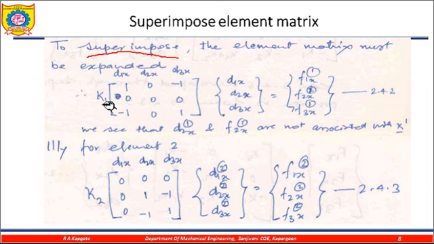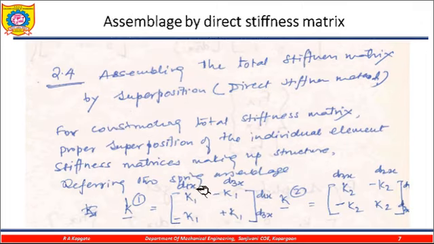So in k1, here is 1, here minus 1, minus 1, 1, because there is a relationship between d1 and d3. Here you could see there is a relationship between d1 and d3. There is no d2 term, so we are adding the d2 term.